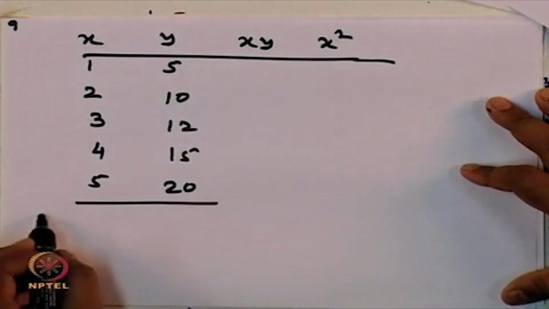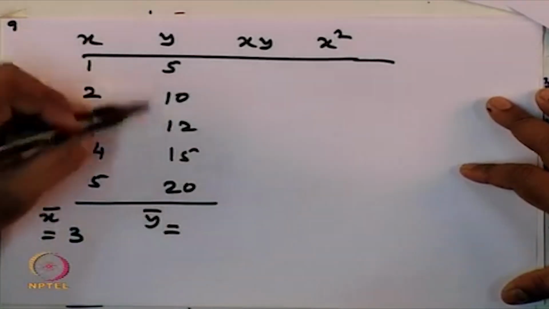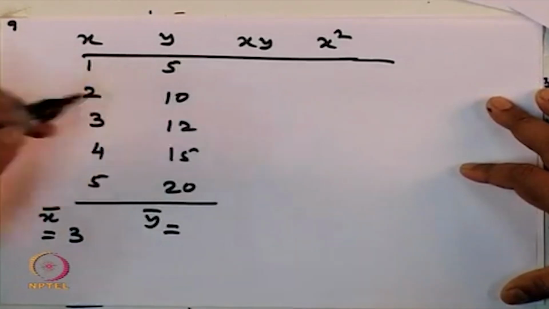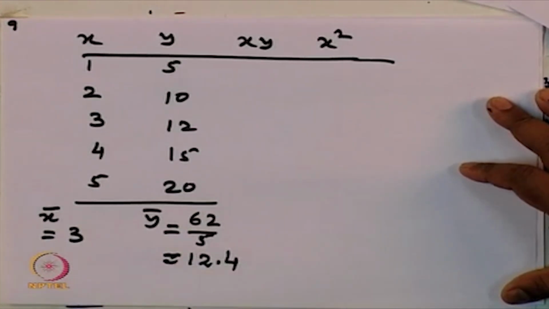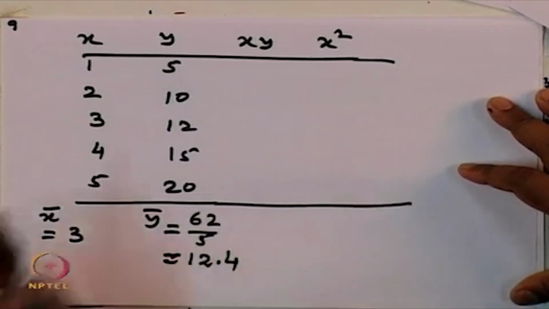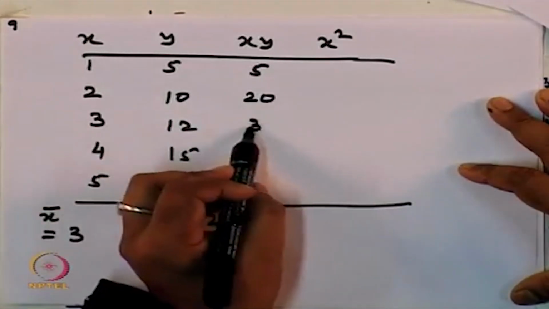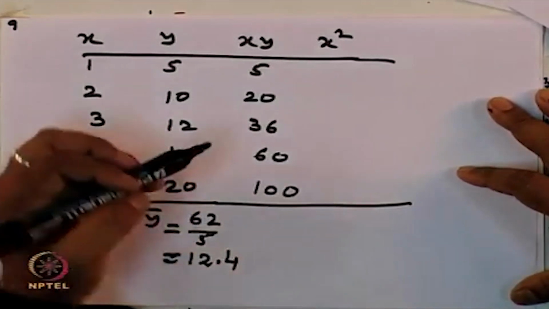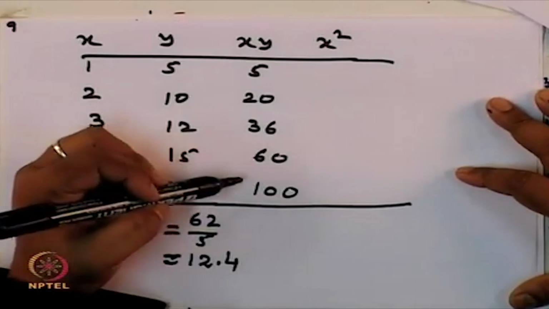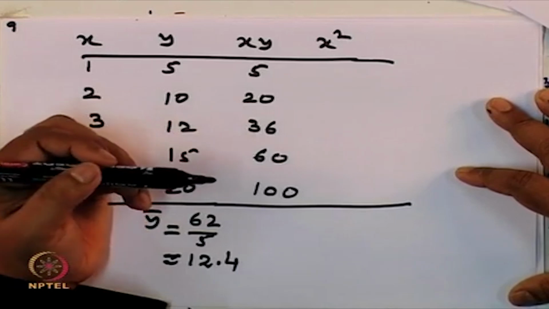So, my x bar is equal to 3, y bar is 62 by 5, which is exactly 12.4. Let me calculate x y: it is 5, 20, 36, 60, 100.